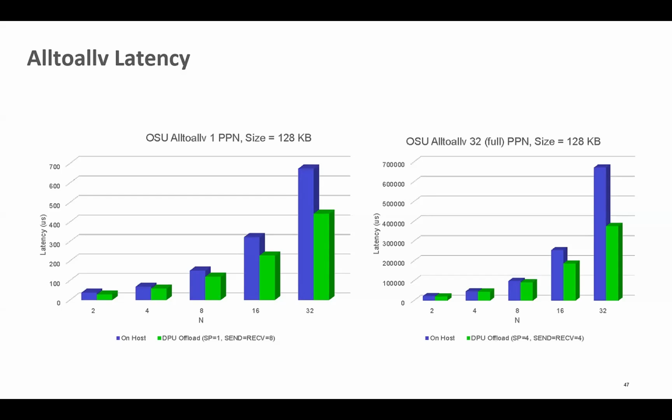If you have 1 PPN, you can run one process on the DPU, they will connect to each other, and the offload would be very straightforward. If you have a lot of ranks on your host, you will need to run more service processes on the DPU just to get the best performance from the hardware. And it kind of makes sense. Next slide.